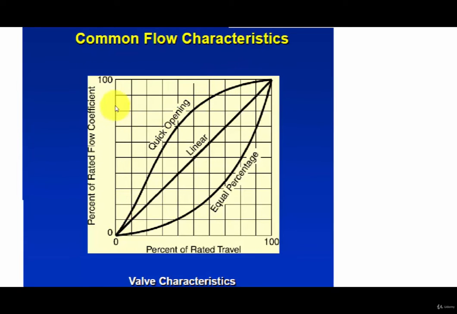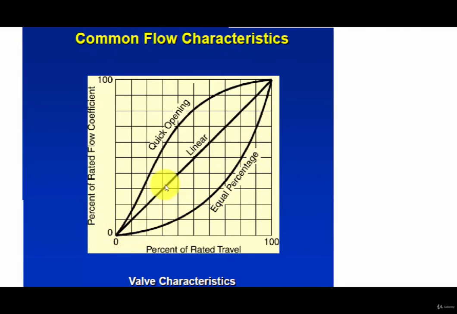So in this we will see what the types of characteristics are. What is a characteristic? It's a relationship between flow coefficient, that is flow capacity, versus the valve travel. So as the valve opens, how the flow changes through the valve.